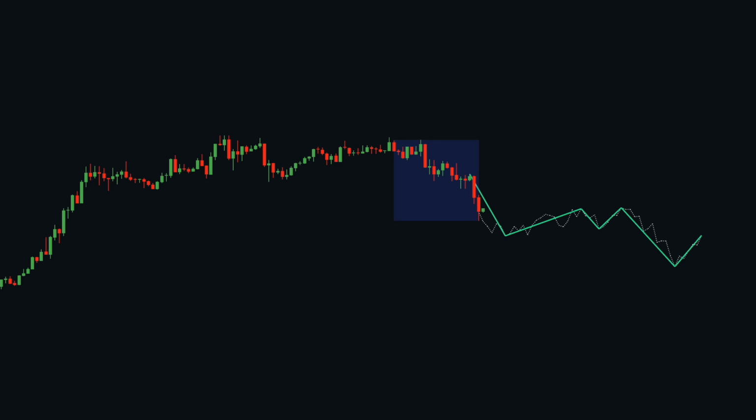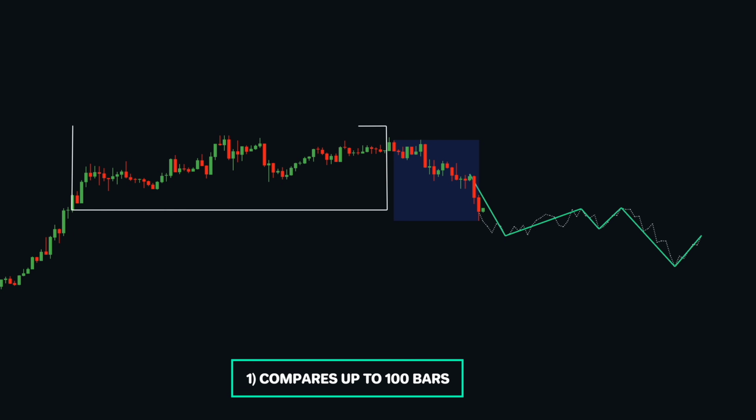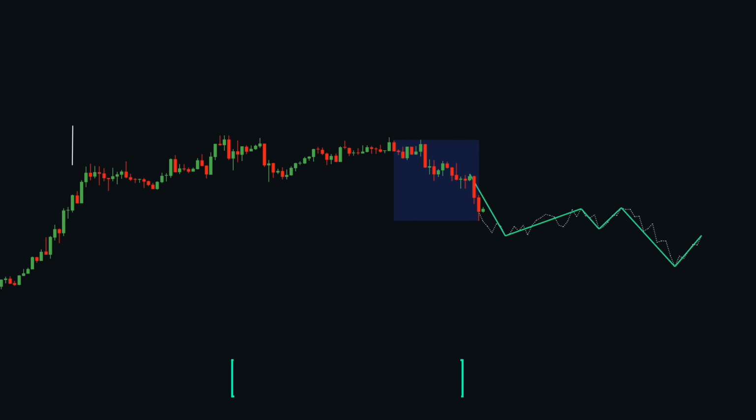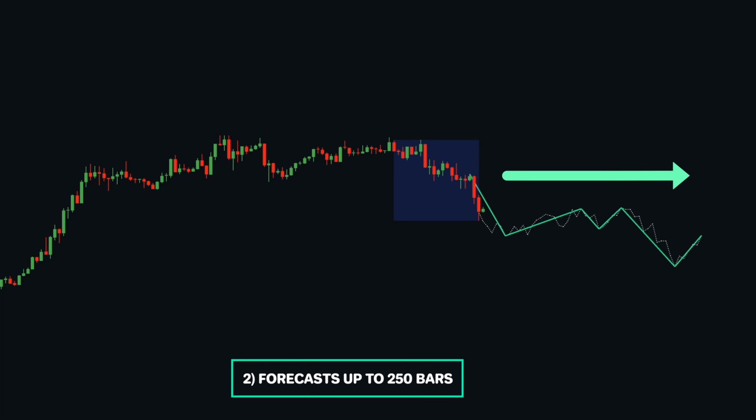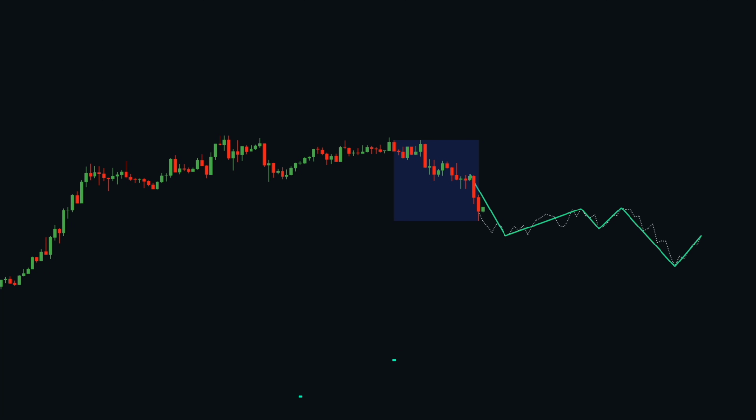Check out these features. First, the Next Pivot uses multiple similarity measures to compare up to 100 bars of historical price sequences with the current price sequence, allowing you to find the most similar past market behavior. Second, it can forecast the price path for up to 250 bars into the future, giving you insights into potential future price movements.